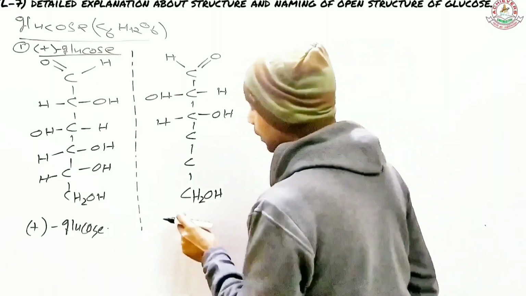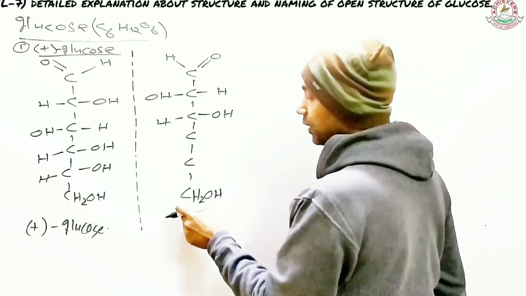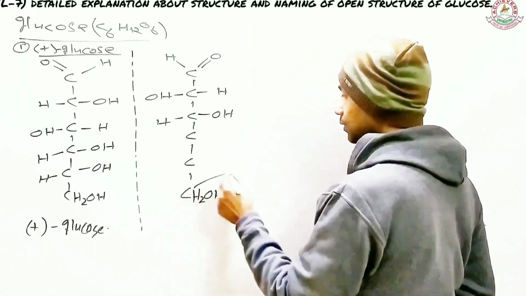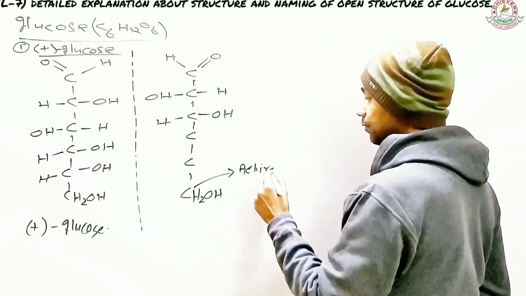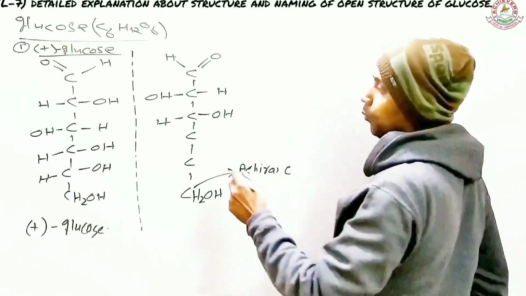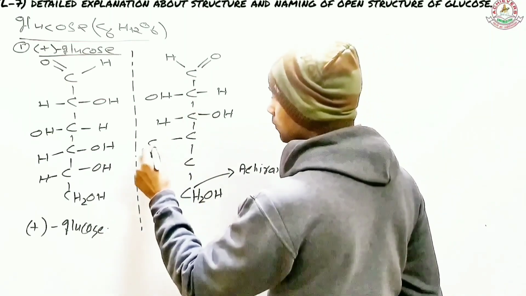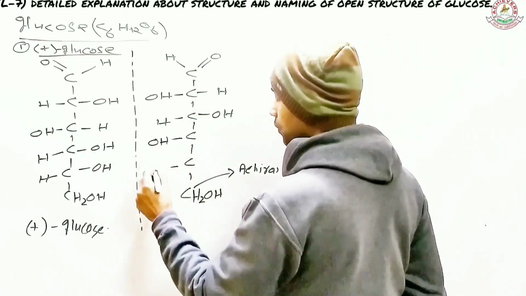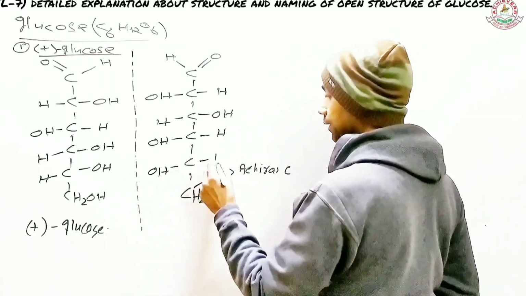You don't have to worry about the position of OH on the last carbon, because it is not chiral. Let me write it. This is a chiral carbon. Let me finish this first. You have your OH here, again OH here, and hydrogens on the other side.